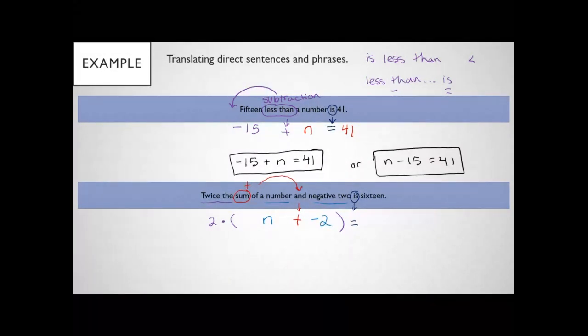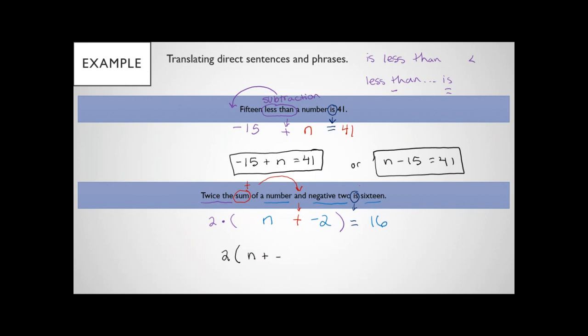Then I have my is as the equal sign, and on the right, I have 16, so I'm going to write 16. Once you've filled in your symbols and the words, you look for where the gaps are, and you literally read it from left to right to fill in those gaps. So our final answer is 2 times n plus -2 equals 16. Are there any questions?